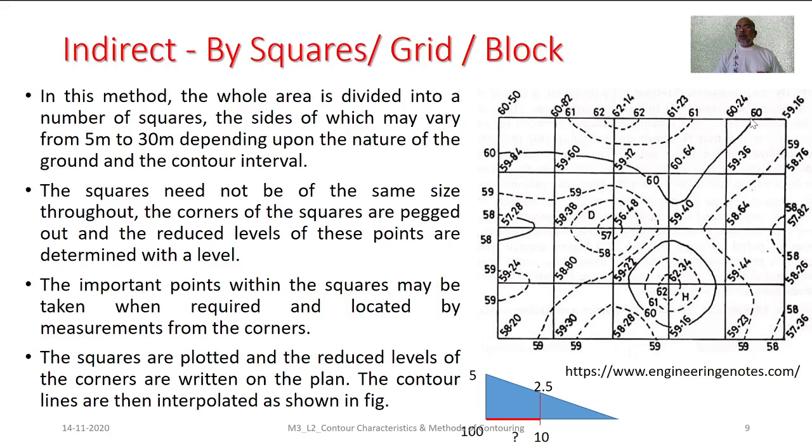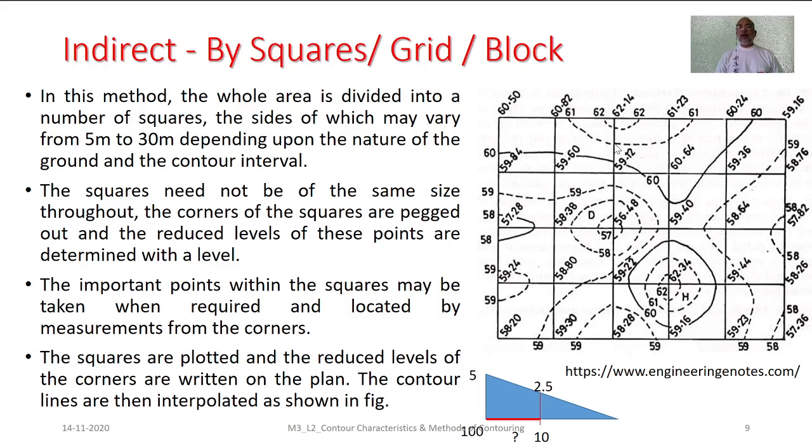Now we have to take a reference of all such entered values, and we can make use of the simple similar triangle principle in order to know the intermediates and assign the respective reduced level.